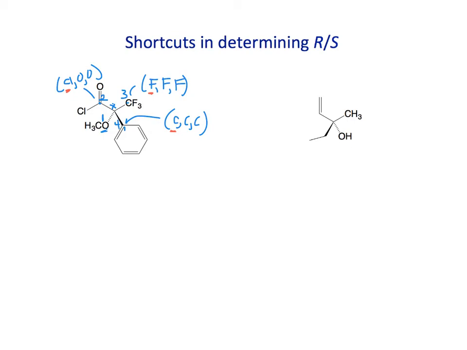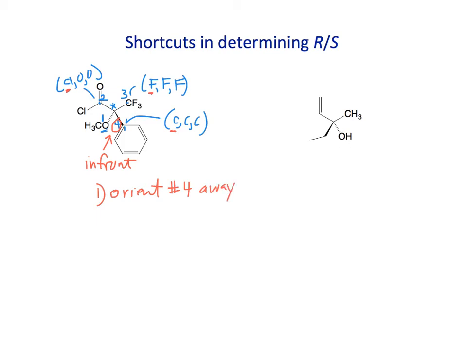Notice that number 4, this benzene ring, is in front. Okay, so our rule says we need to rotate this molecule to put number 4 as pointing away. So we need to orient number 4 away.